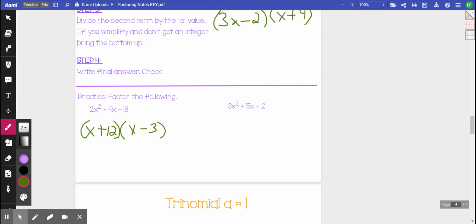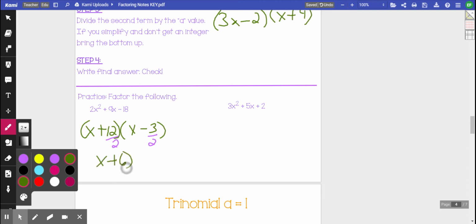We're going to have to divide each of those terms by our a values, and they're divide by 2 and divide by 2. X plus, this is going to turn into a 6. But it looks like here, 3 divided by 2 is not a whole number, so I got to bring my bottom up. So this is going to make the final answer here 2x minus 3.